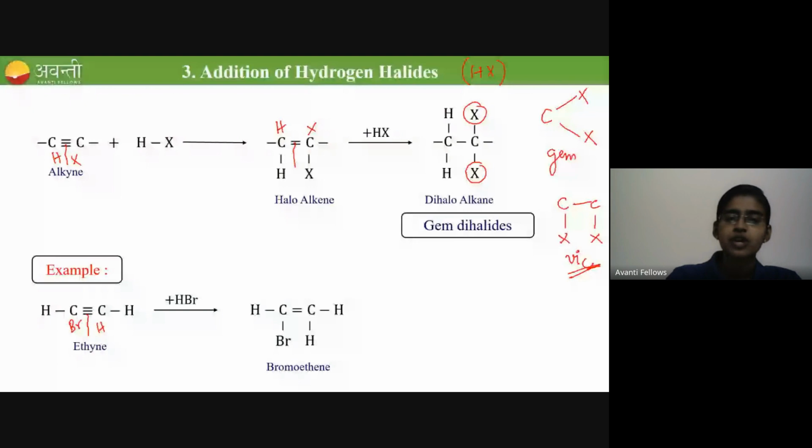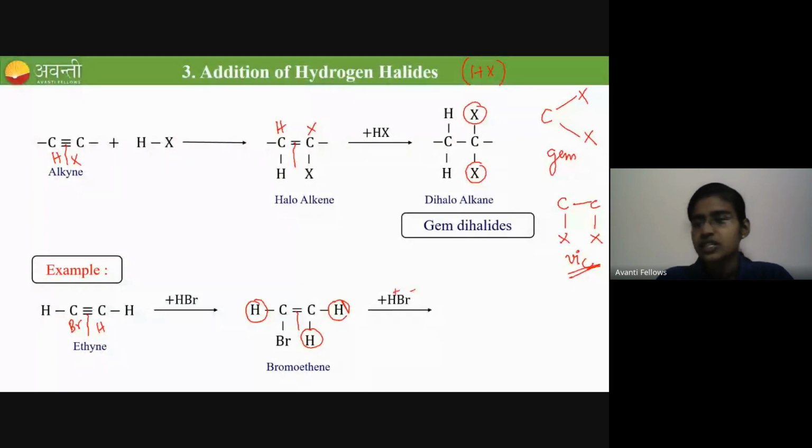Now to this product, you add 1 more mole of HBr. Just break the bond. And here we have to use Markovnikov addition, right? So to this alkene carbon, we have 2 hydrogens, and here we have only 1 hydrogen. So the addition molecule, that is H plus and Br minus: the hydrogen of the addition molecule goes to the carbon which has more hydrogens. That is Markovnikov addition, right?